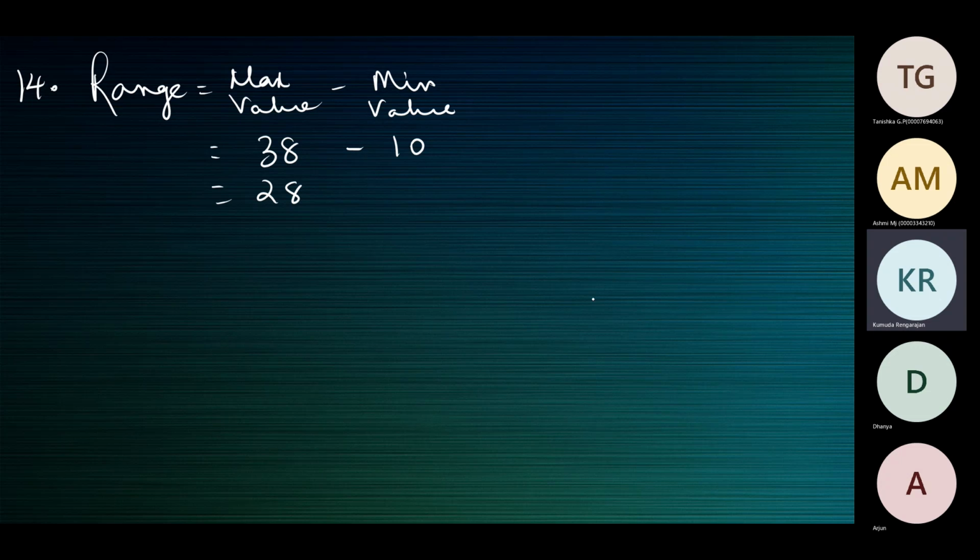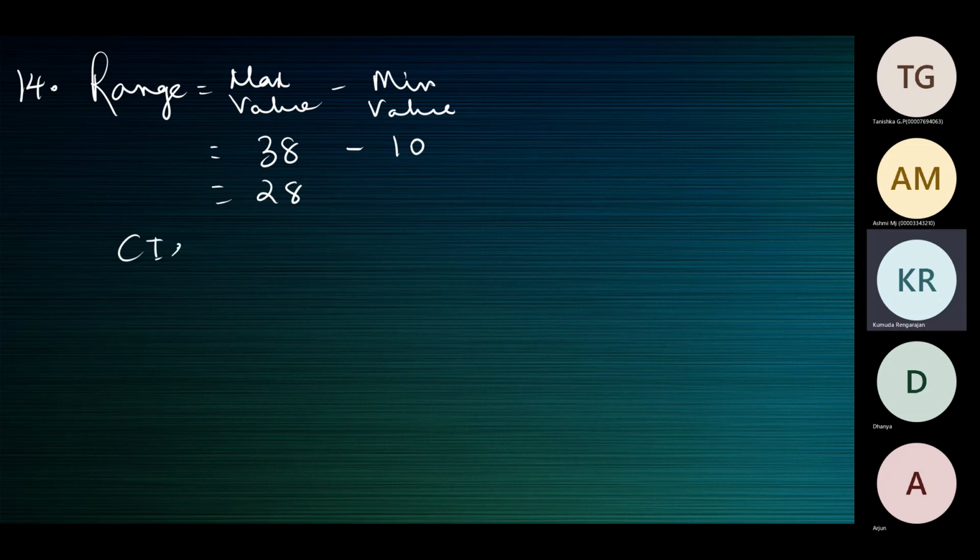By inclusive method, taking 4 as the magnitude of the class intervals. You must take 4 as the magnitude of the class intervals. That means the class size or the class width should be 4. So let's try that.